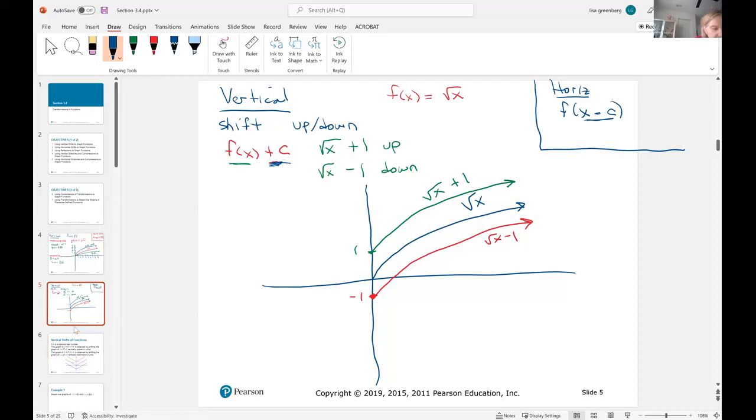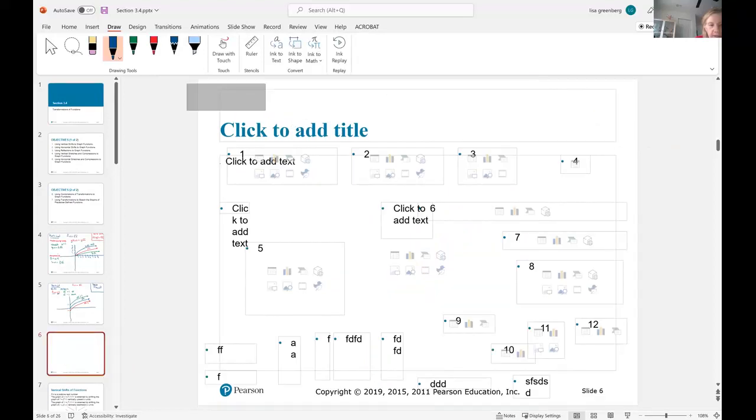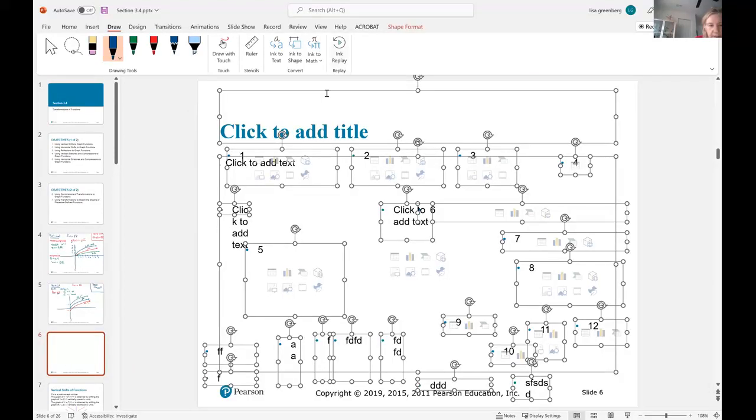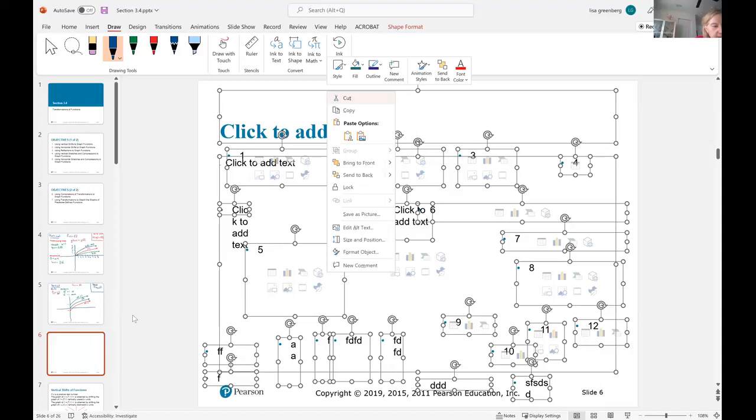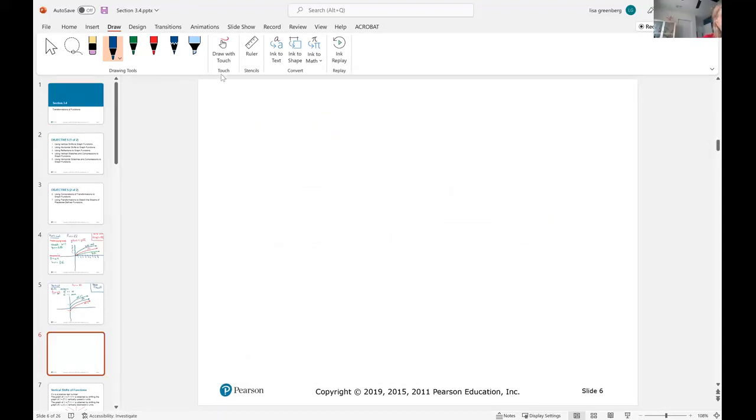And then we have a vertical reflection. When we have a vertical reflection, what is happening is it's actually symmetrically flipping over the x-axis.